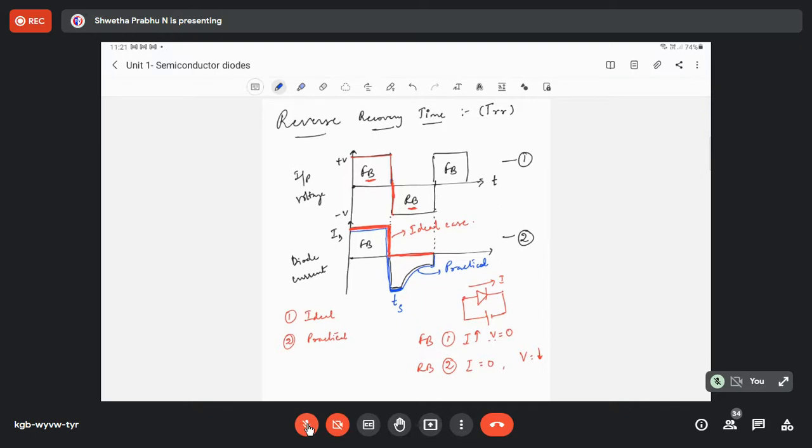During storage time, the minority carriers return to their majority carrier state in the opposite material. Does the diode still remain in the on condition during the storage time?